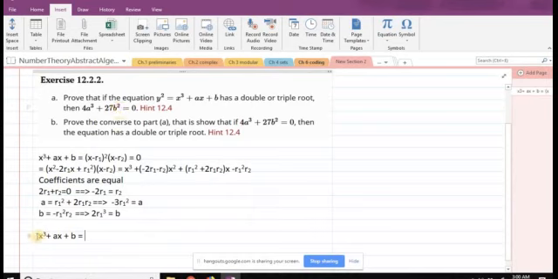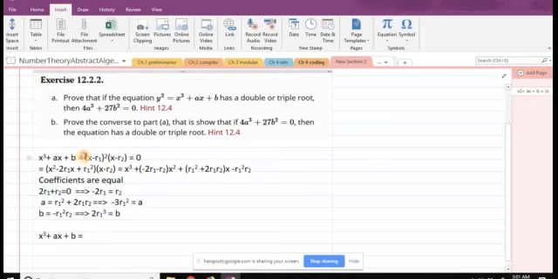What you want to do is write, you know that this has three roots, so you know you can factor it. So how would you write it in general as a product of three terms?